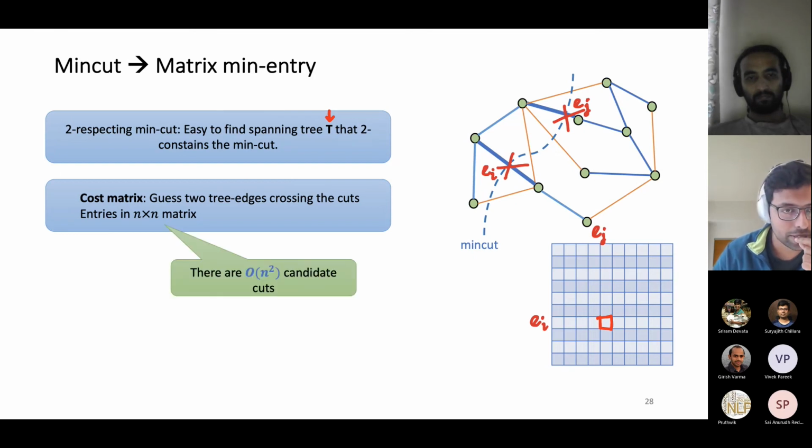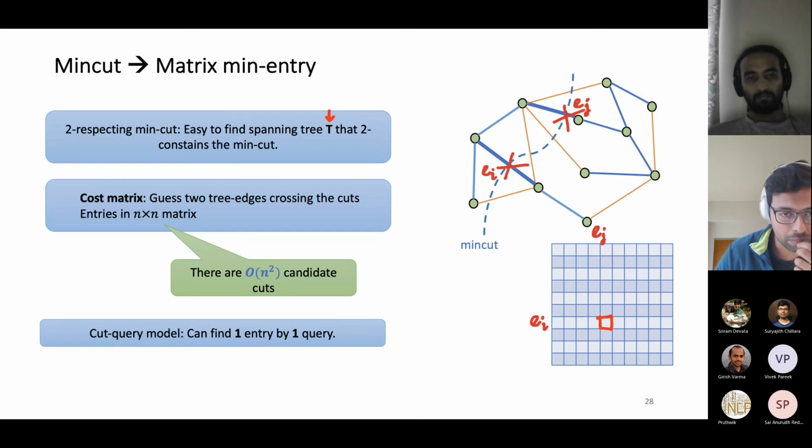So this will give you a cost matrix, and obviously, as I said earlier, there are going to be n square many entries over here, and you have to find the minimum of them. And the cut query model gives you access to this matrix entry by entry. So you can find one entry by one query.